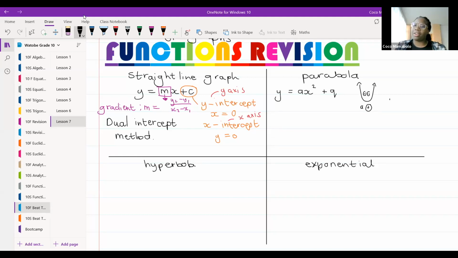And if my graph is frowny like that, that means that my a is negative.